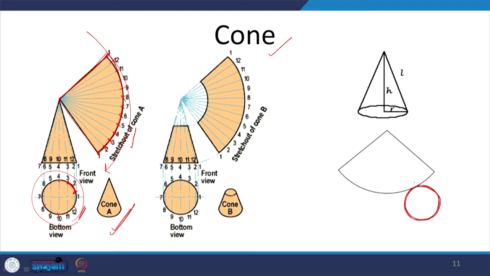Now one simple method, which is what we are doing here, is also that this part is the locus of this circle. So if I draw a circle here, and if I roll this circle along this path, and we have already seen how to draw the locus.